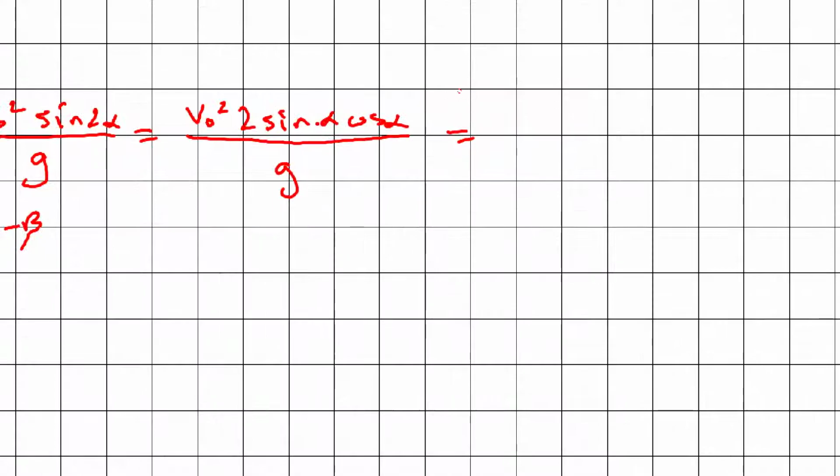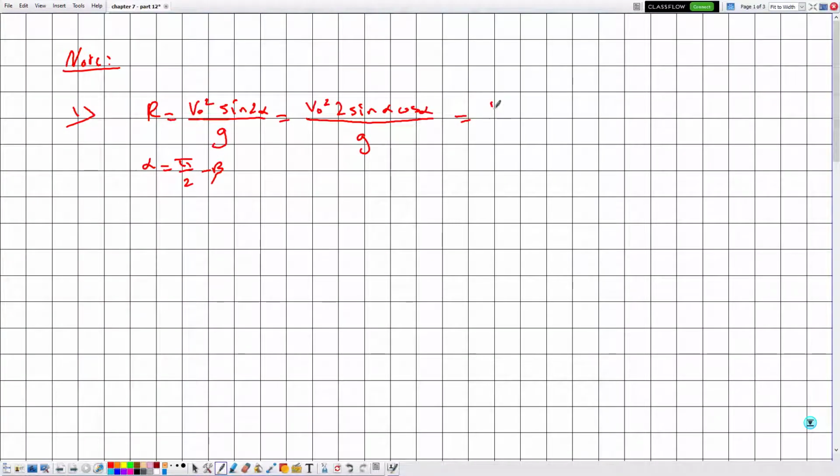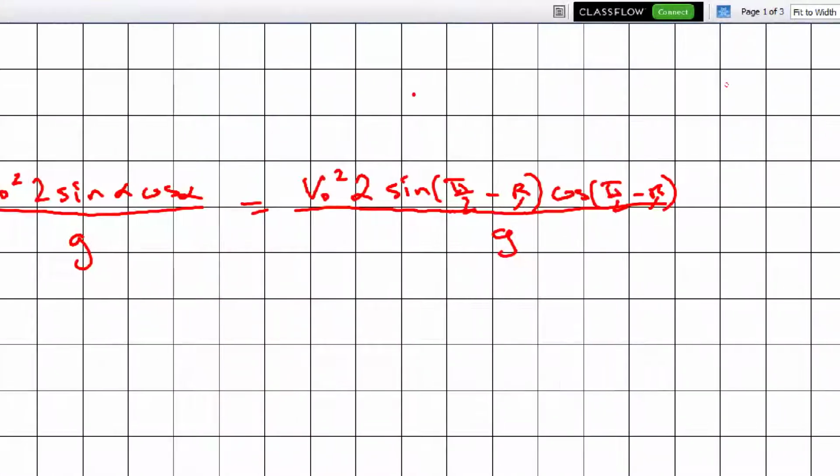Now replacing alpha by pi by 2 minus beta, we get v0 squared 2 sine of pi by 2 minus beta multiplied by cosine of pi by 2 minus beta, divided by g, and we know that sine of pi by 2 minus x is equal to cosine x, and cosine of pi by 2 minus x is equal to sine x.